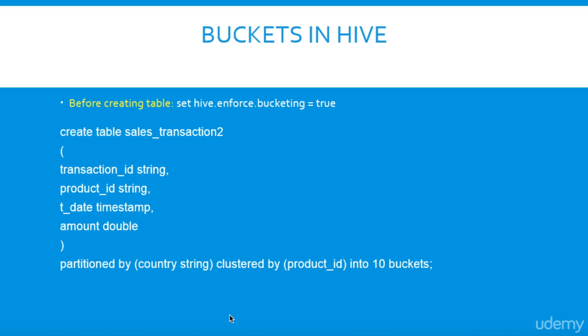One more thing, before creating bucketed table in Hive, you will need to run this set command. So in Hive, each partition is created as a directory in HDFS, whereas each bucket is created as a file. Hive buckets enable more efficient queries. It can be used in query optimization techniques.